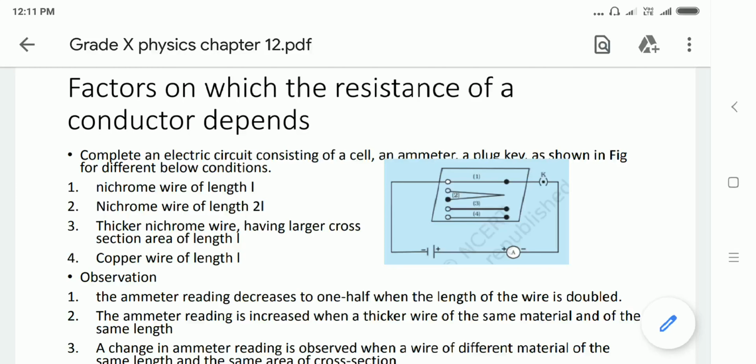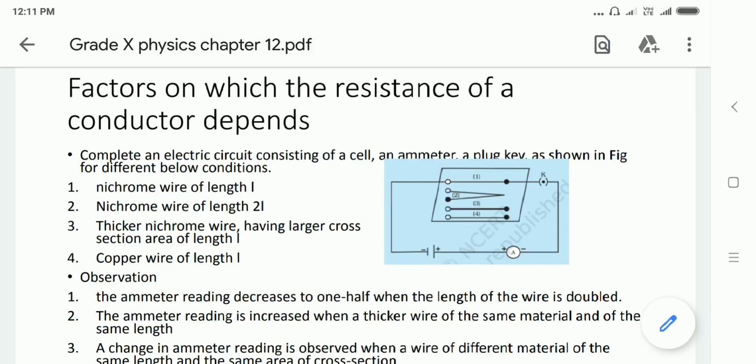Length is the same, diameter is higher, so cross section area is higher, so the current value is higher. Now if we change the type of material, comparing the current in the first case and the fourth case, length is the same, diameter is the same, just the material is changed, and based on that the current value is also different.